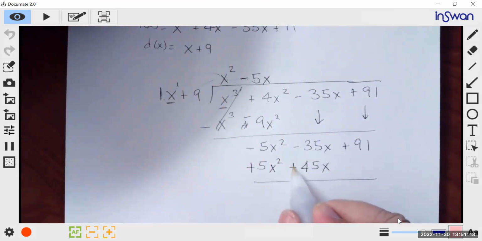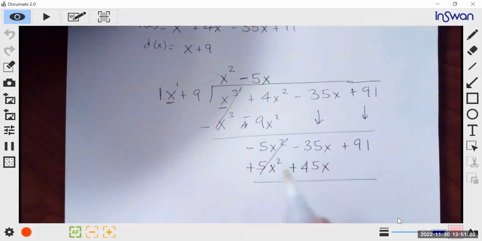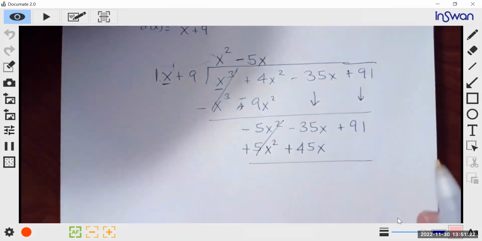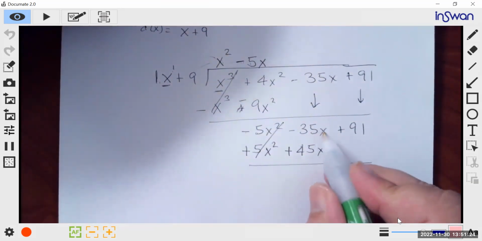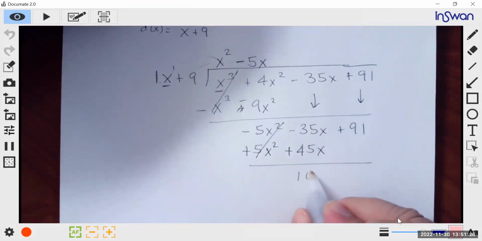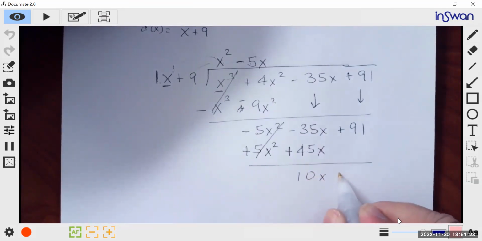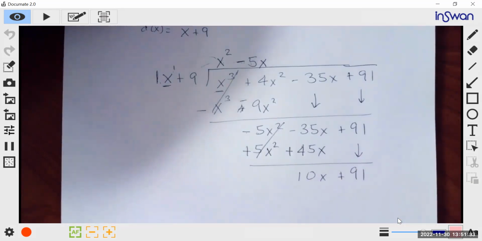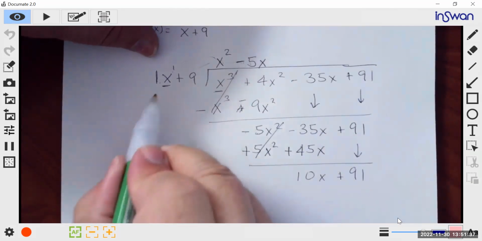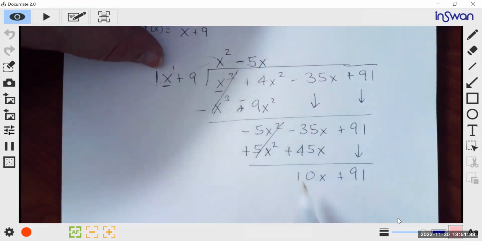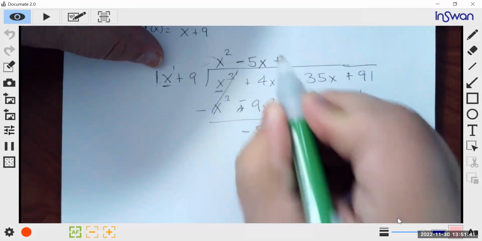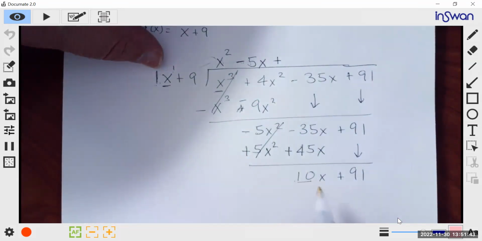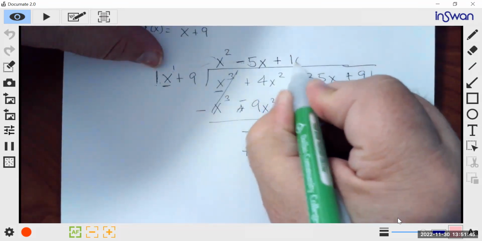Change your signs and add. The first term always has to cancel. 45 is bigger, so 45 minus 35 is 10. And bring down the 91. So positive times positive is positive. 1 times what is 10? 10.